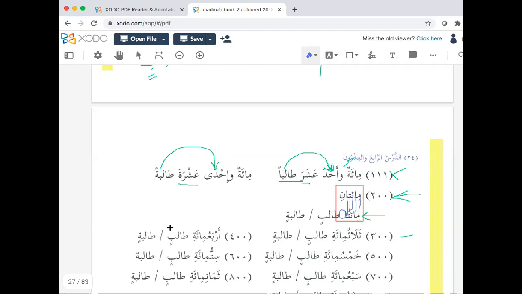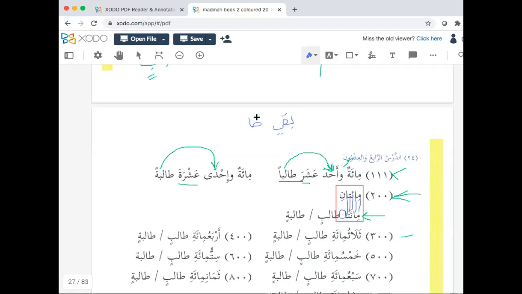And others, let me try to give you an example, which may be clearer than the explanation. For example, you have the verb baqiya, to remain. Baqiya means to remain.